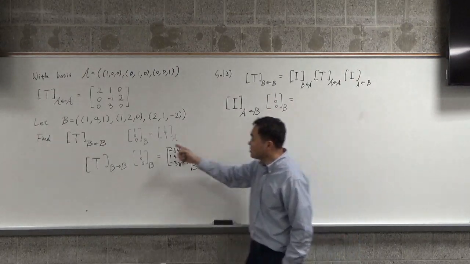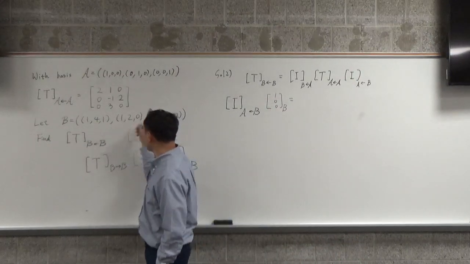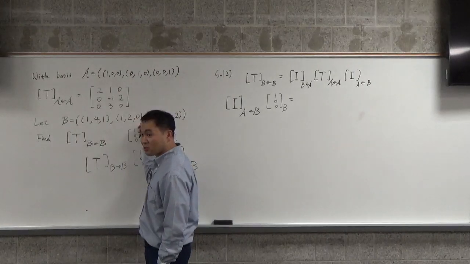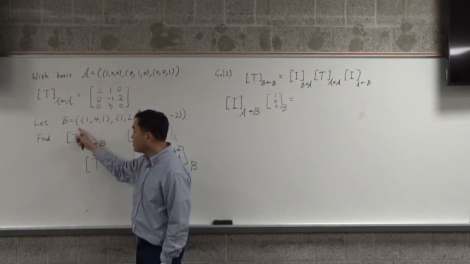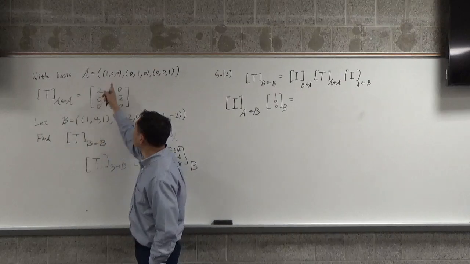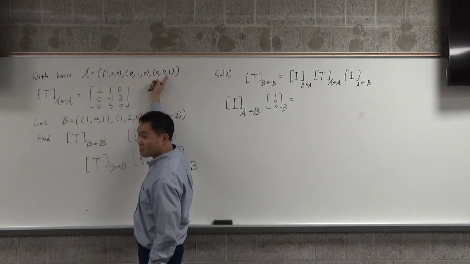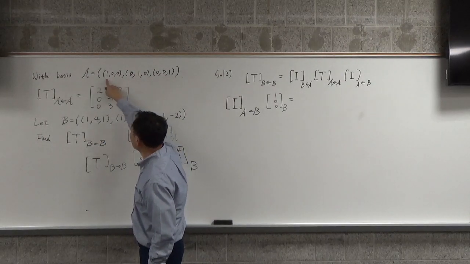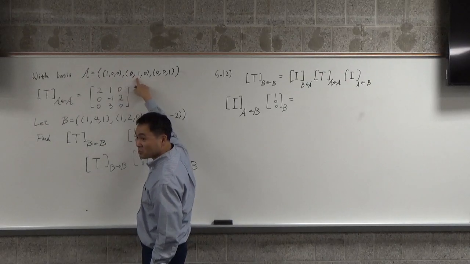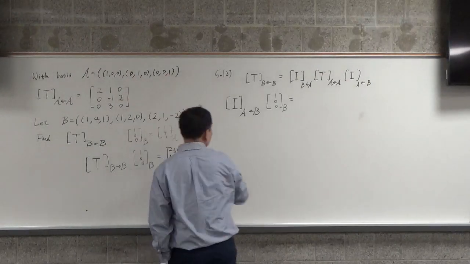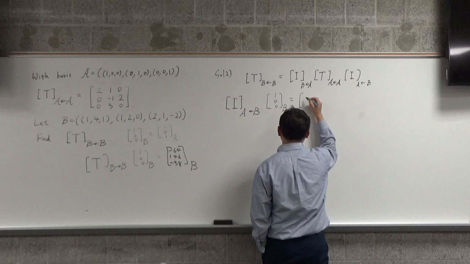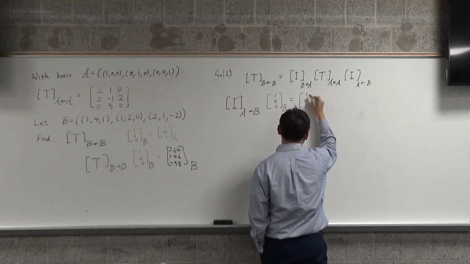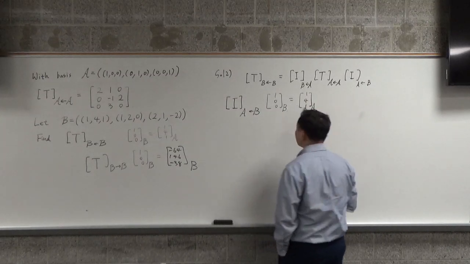This means it's the linear combination of these three vectors with 1, 0, 0. So it's really this vector represented with respect to these three. What is that? That's 1 times this thing plus 4 times this thing and 1 times this thing, right? So I would be getting 1, 4, 1 as basis A.